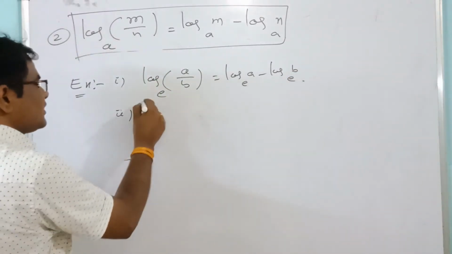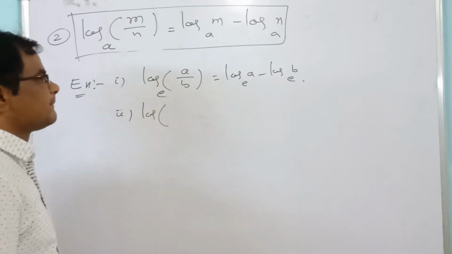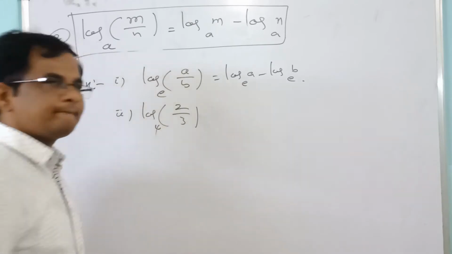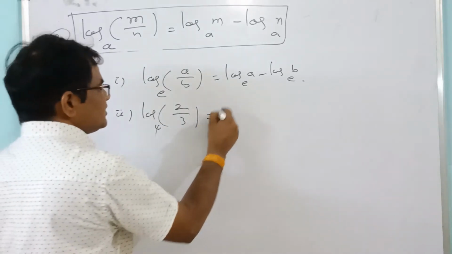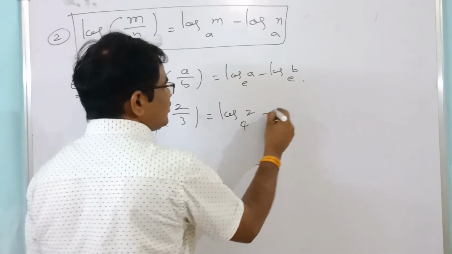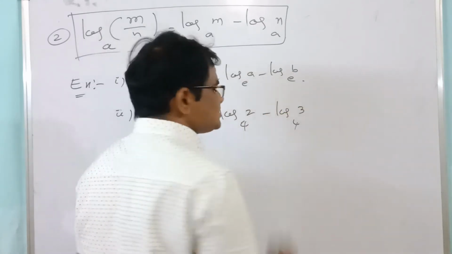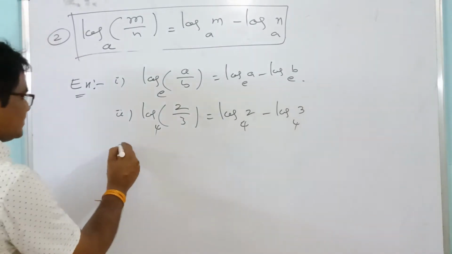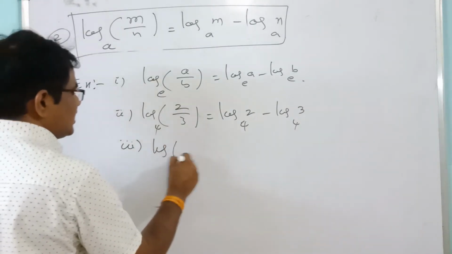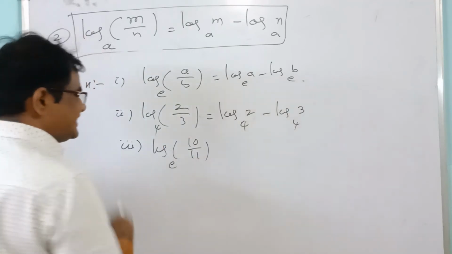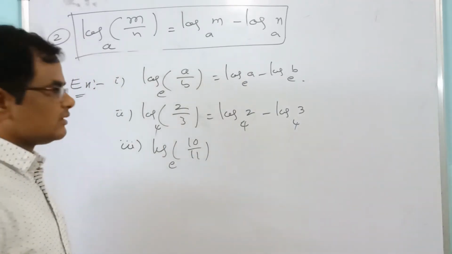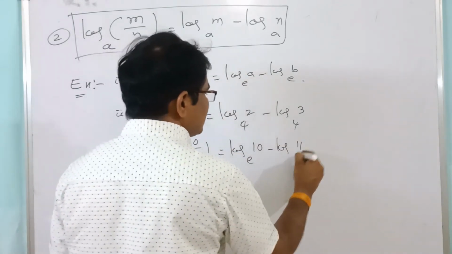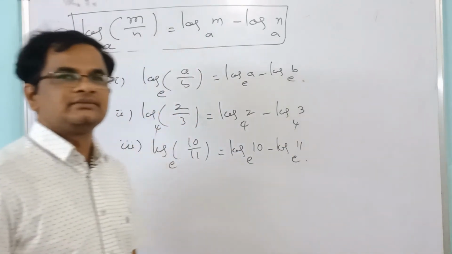Second one, log of 2 by 3 to the base 4: log 2 to the base 4 minus log 3 to the base 4. Next, the third one, log of 10 by 11 to the base e: log of 10 to the base e minus log of 11 to the base e.